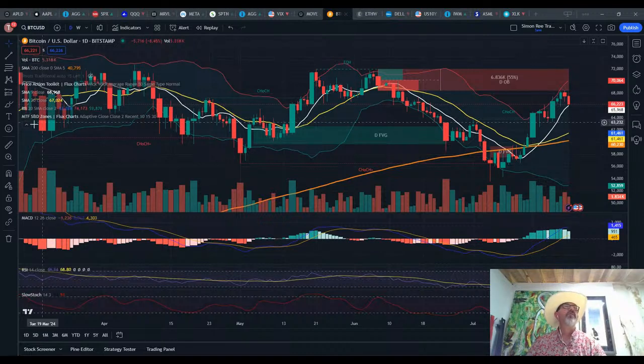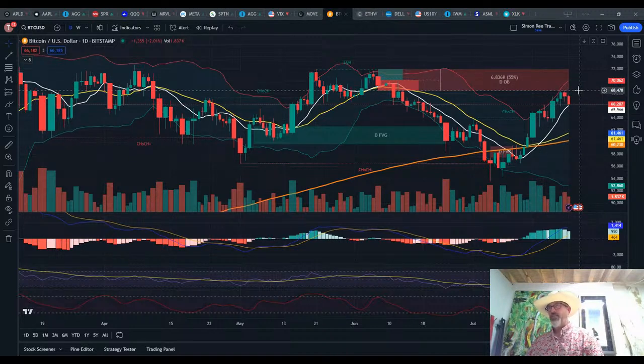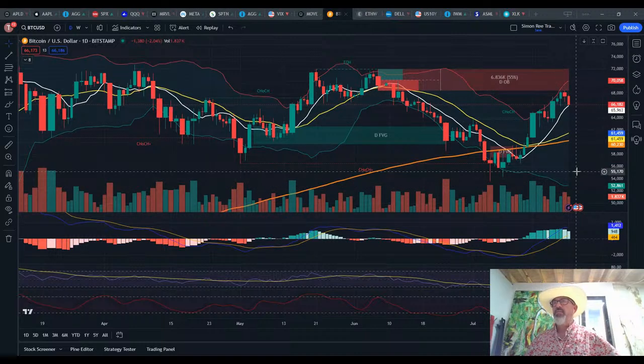Yeah, the orange line is the 200, and nice swing trade if you were in it. It's now coming down and touching back on the 9. There's resistance right up here around 69,000, and yet we have some upturn in the Bollinger Band, which is positive, but there is a lot of resistance up in the $70,000 range.